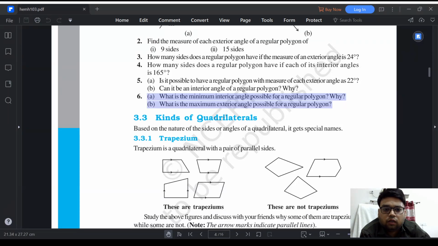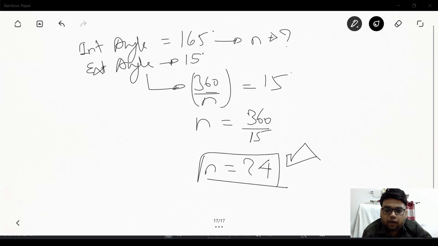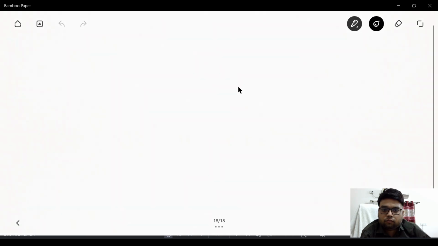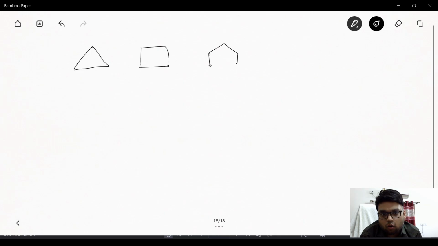So here, for regular polygon, we first take a diagrammatic example for better clarification. Look at here. For regular polygons, we have earlier seen some examples like equilateral triangle, square, hexagon, pentagon, octagon, whatever.